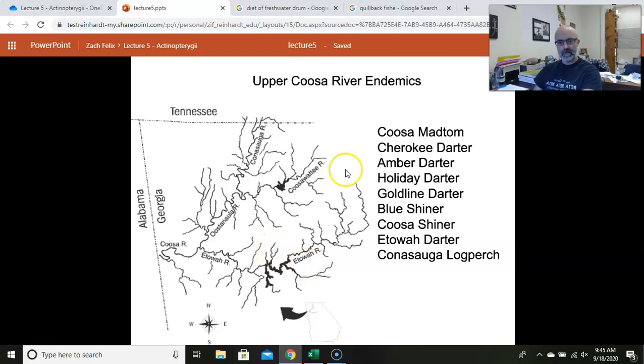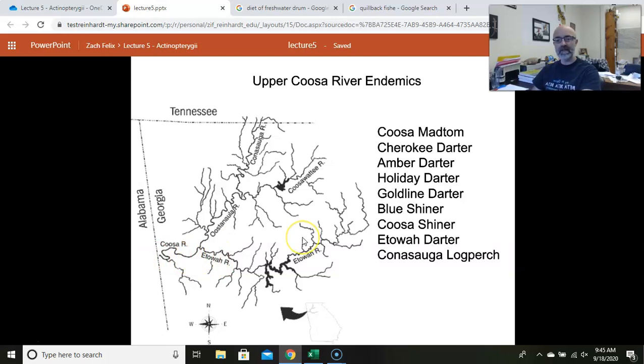The Etowah starts up around Dahlonega, Dawson County, flows down through Ball Ground, Canton, Allatoona, Cartersville, flows over to Rome, through Cass, all these places. And then the Coosawattee and the Conasauga form the Oostanaula, and then the Oostanaula and the Etowah form the Coosa, and then the Coosa flows over into Alabama, eventually making it to Mobile Bay.